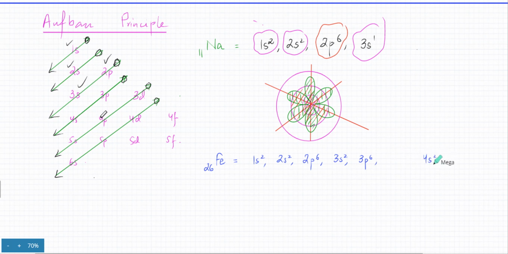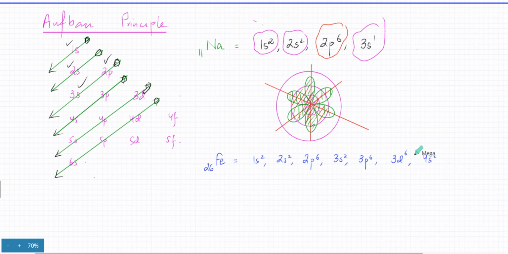Okay, now look what I'm doing over here. I'm writing 4s. I mean, 4s is going to be filled. This is 20 electrons. Then I'll have 6 electrons left. So 3d would come later.